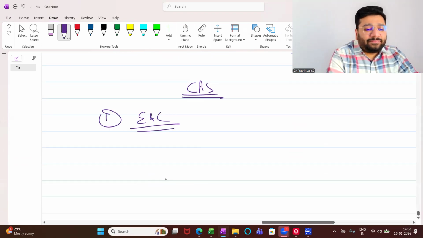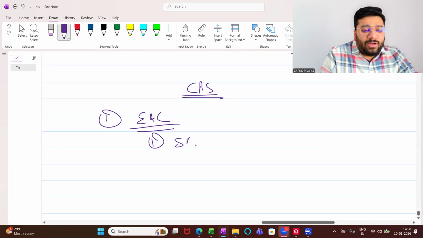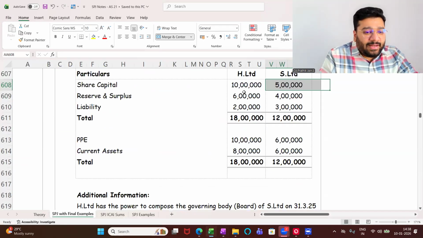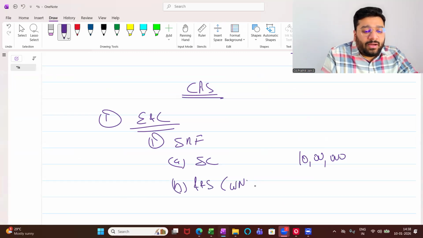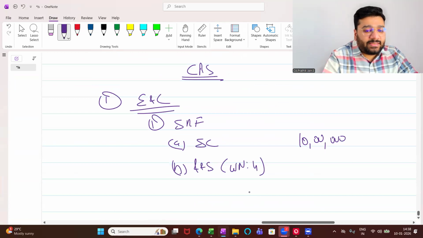Equity and liabilities. Shareholders' funds. Share capital, how much? 10 lakh of the holding company. Very good. Reserve and surplus, working note number 4. How much is it? 6 lakhs.